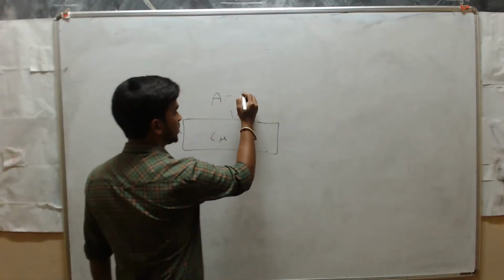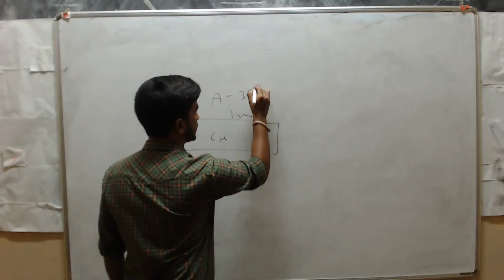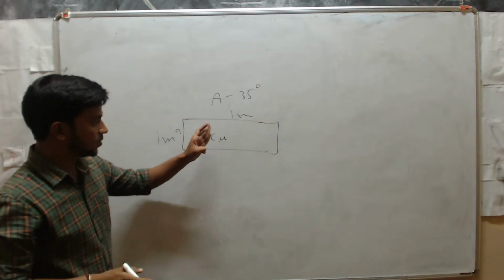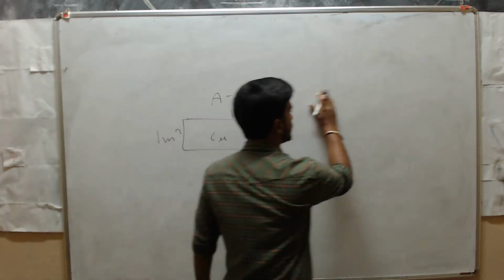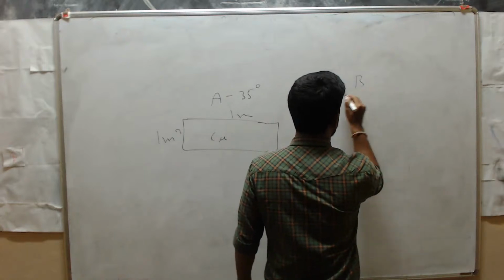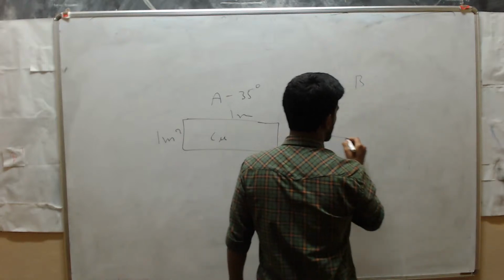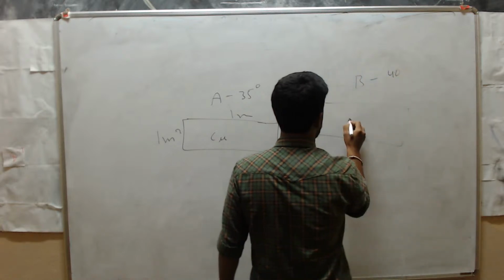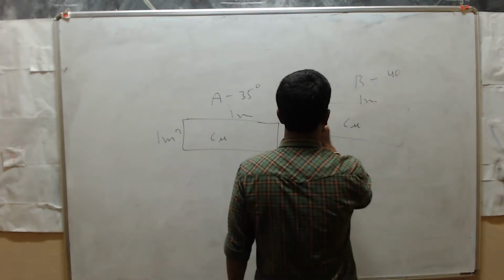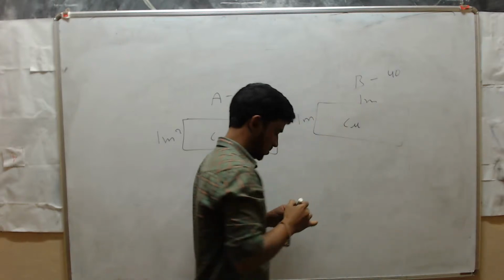Now in this room, say the temperature is 35 degrees Celsius. You are using the same wire, same length, same area of cross section, and doing the same experiment in room B, where the room temperature is 40 degrees.